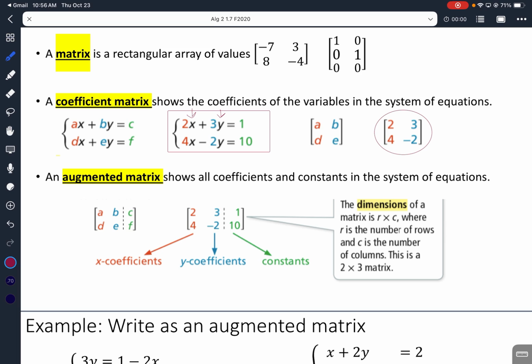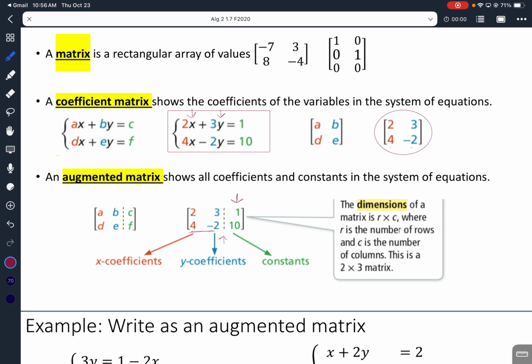Okay, so an augmented matrix puts a coefficient matrix, that 2, 3, 4, -2, next to the solution matrix or the constants. It has the coefficients, and this little dotted line right here is what we call the augmented line.